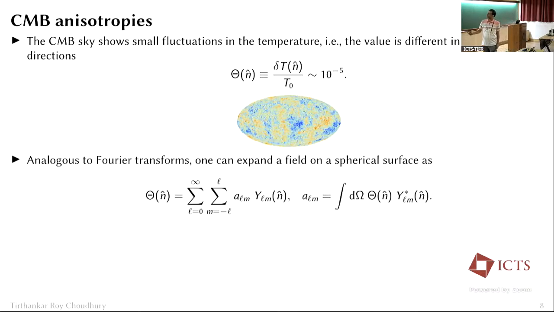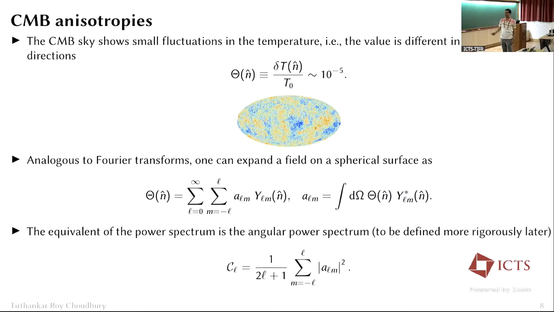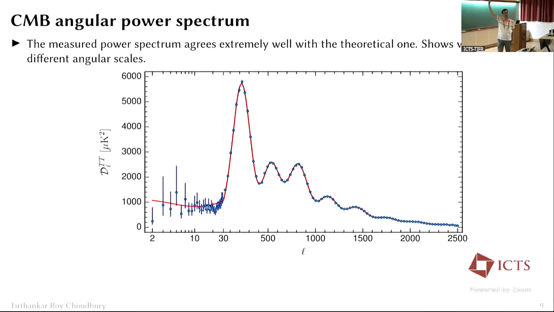And again, you basically study perturbations in the temperature field, which measures perturbations in the radiation field. And there again, you do the equivalent of a Fourier transform, but since you are measuring on a sphere, you will rather expand in terms of spherical harmonics and calculate something equivalent to the power spectrum. So it's conceptually very similar to a Fourier transform, but you are doing it on the surface of a sphere.